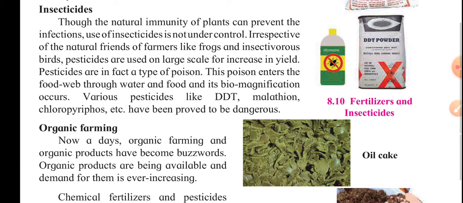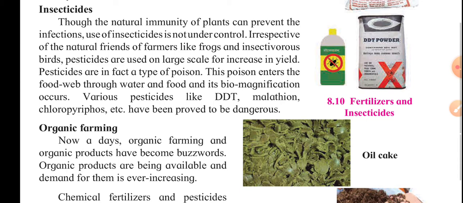Pesticides are in fact a type of poison. This poison enters the food web through water and food, and biomagnification occurs. Various pesticides like DDT, malathion, chlorpyrifos, etc., have been proved to be dangerous to consumers and even to the soil.